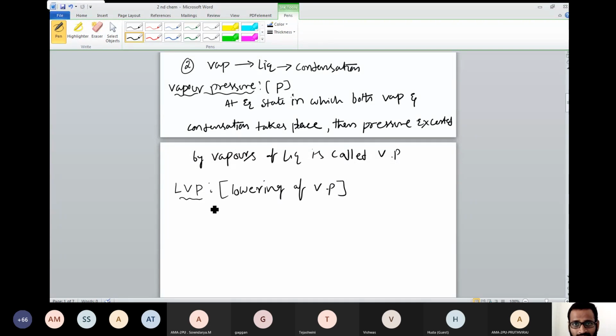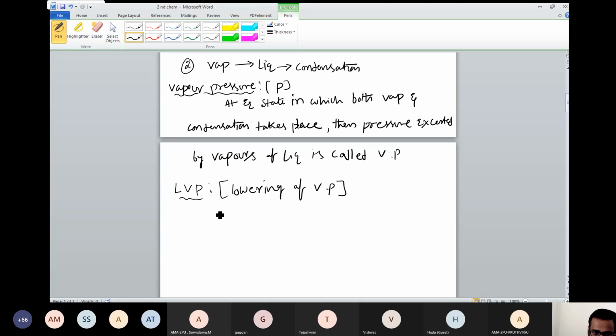Understanding what I'm saying? Like that, if a non-volatile solute is present in a solution, vapor pressure will decrease because vaporization will be less. The decrease in vapor pressure is called lowering of vapor pressure.